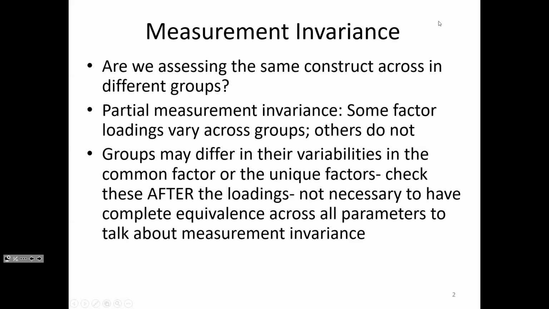If you can't, and you have just a small percentage of items that are problematic, then your best bet is to allow them to freely vary across the two groups and to say, I have a partial measurement invariant model. My model is a model of partial measurement invariance.